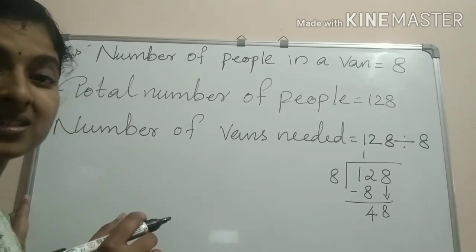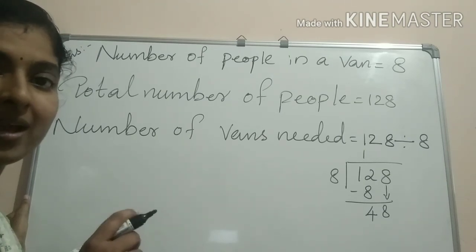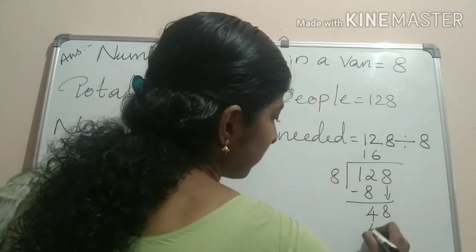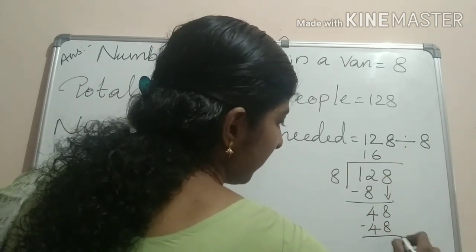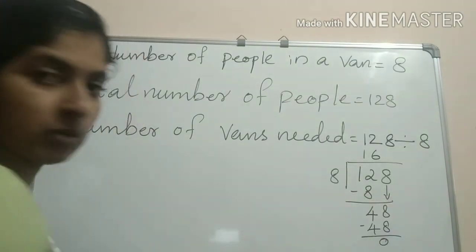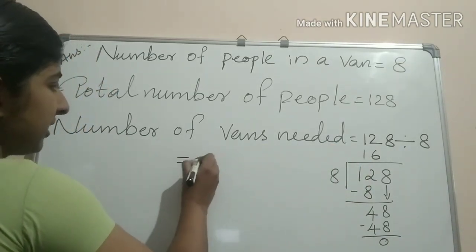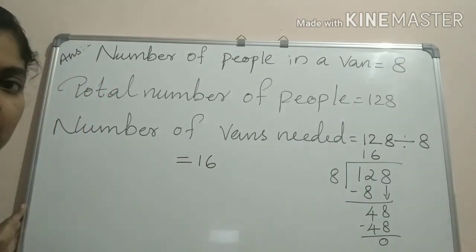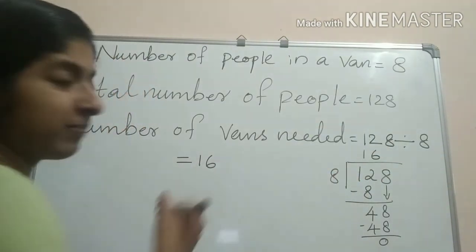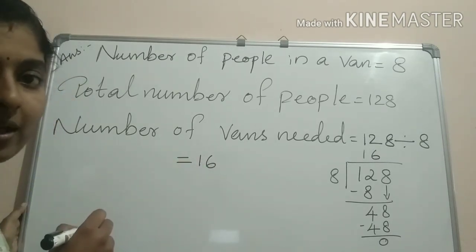That is 6. Yes, 6 eights are 48. 48 minus 48, the balance is 0. Here the answer is 16. How many vans are needed to carry these 128 people? 16 vans are needed to carry.